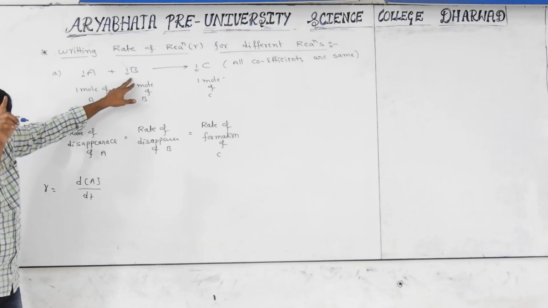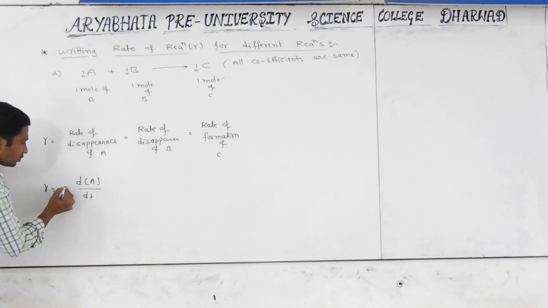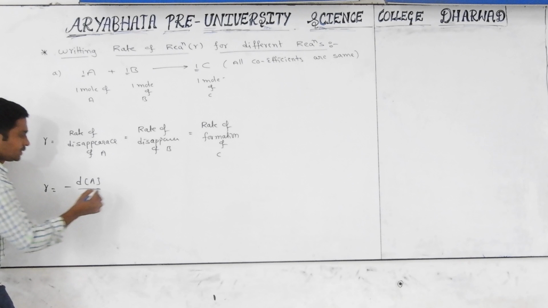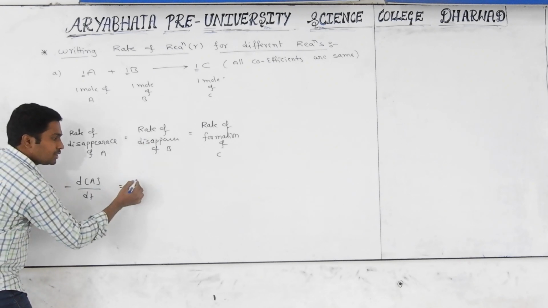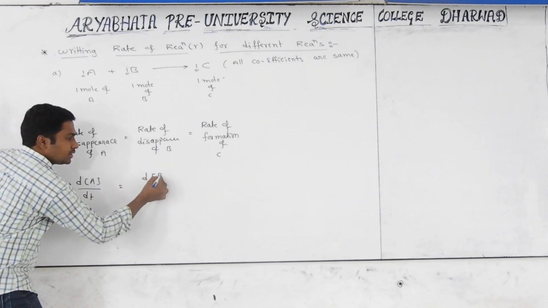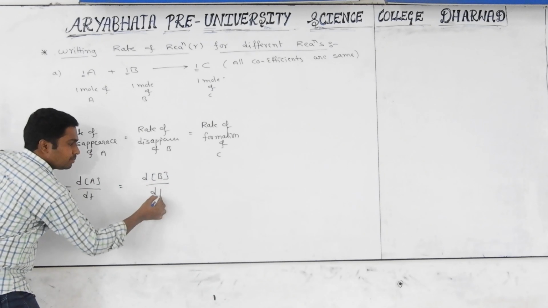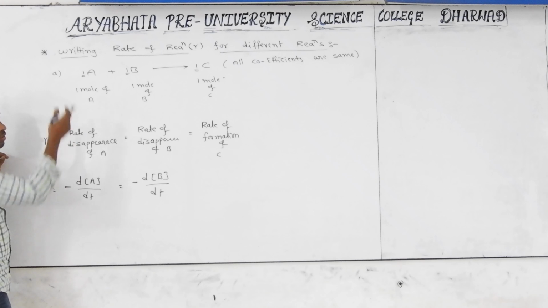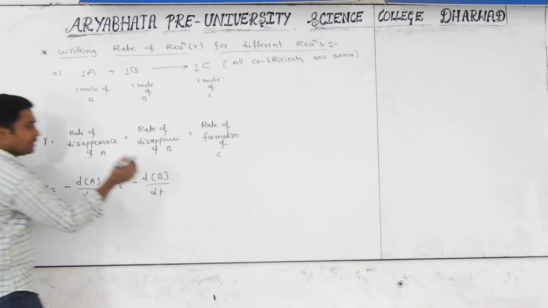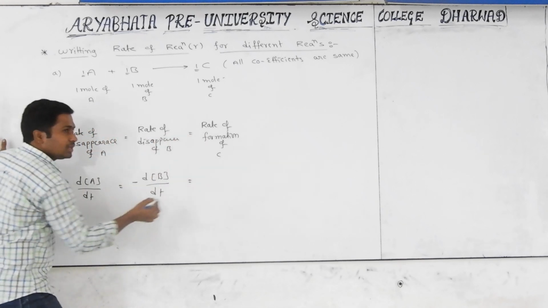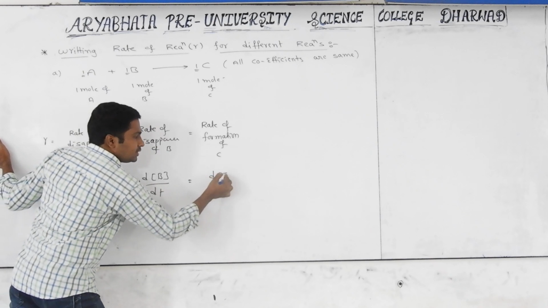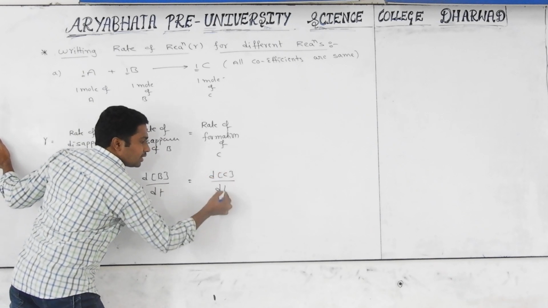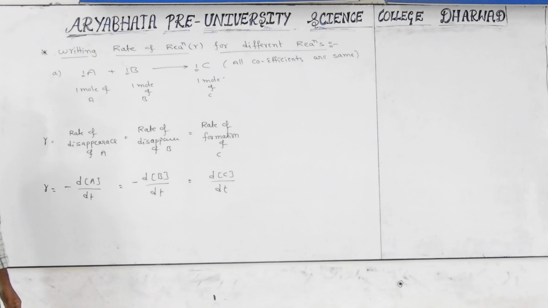So we write minus, equal to the rate of disappearance of B, which is the changing concentration of B by the time change. Also we keep a minus sign because B is also a reactant. Now the change in concentration of C is dC by dt.